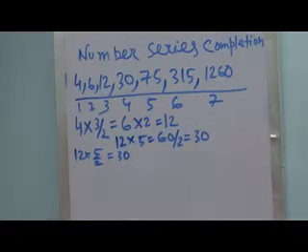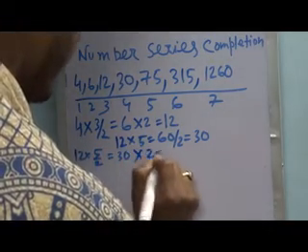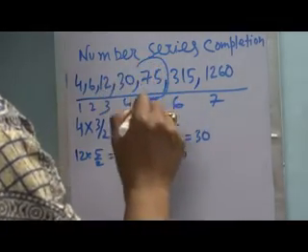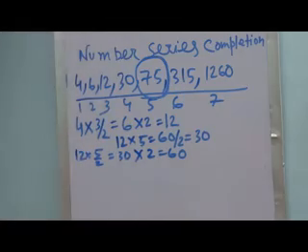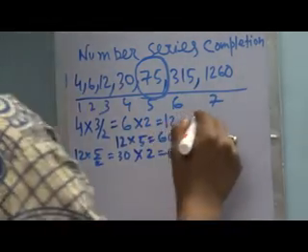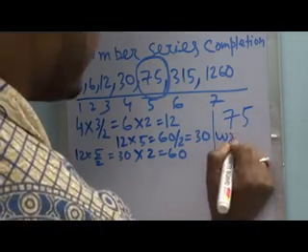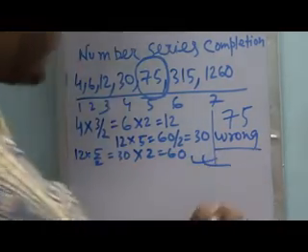The multipliers go 3 by 2, 5 by 2, 7 by 2, 11 by 2. That is another rule. So 12 into 5 by 2 equals 30, and it should be 30 into 2 equals 60. So if we replace this number with 60, then the whole series will be completed. Okay, so the wrong number here is 75, and 60 is the correct answer.